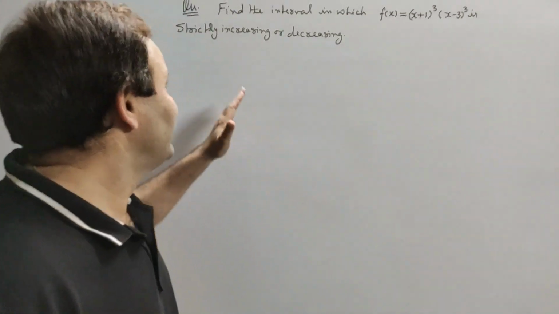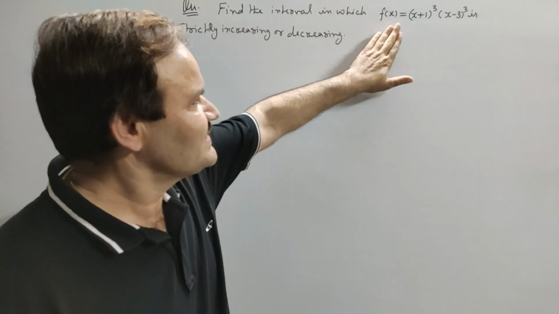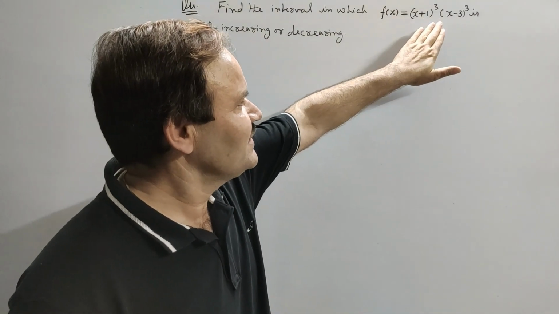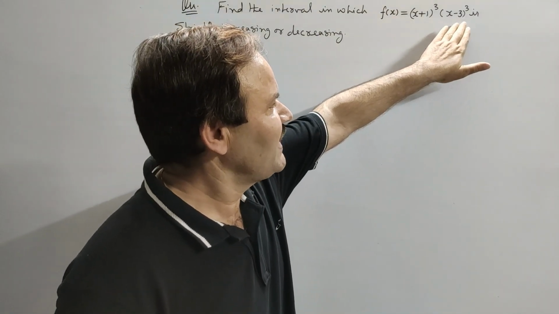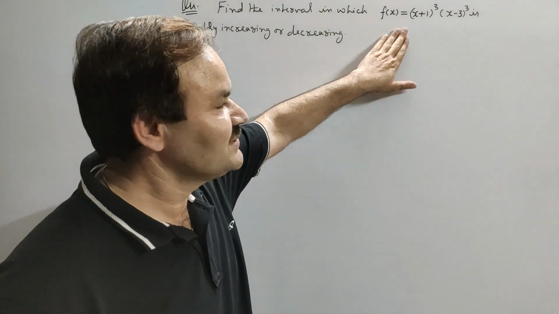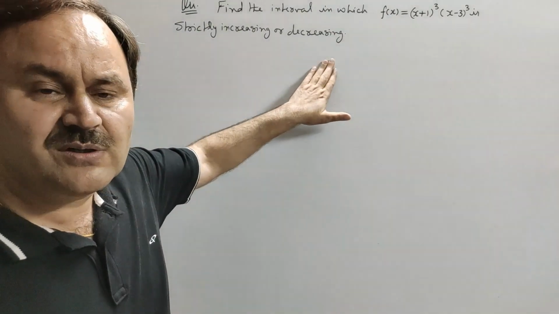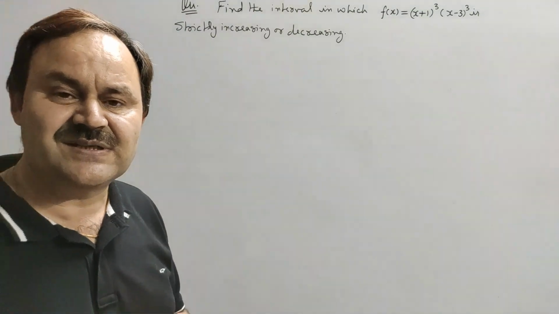Say we are taking an example in which a function f(x) is given as (x+1) whole cube times (x-3) whole cube, and we have to determine the intervals in which this function will be strictly increasing or strictly decreasing.